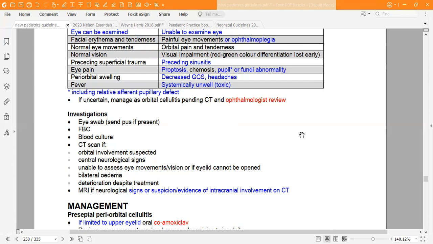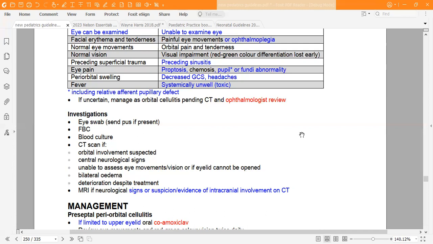So all those are indications for CT scan if you are suspecting orbital cellulitis. So eye swab, blood count, blood culture, CT scan if there is orbital involvement, very clear, obvious. If there is any CNS involvement, unable to assess eye movement or vision, the child cannot open his eyelids, there is obvious bilateral edema, and deterioration despite starting treatment.